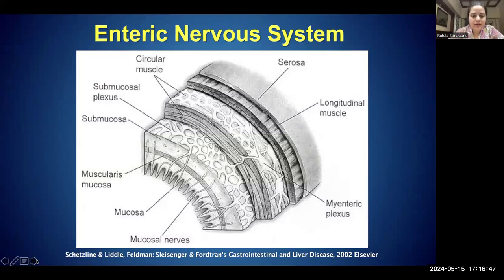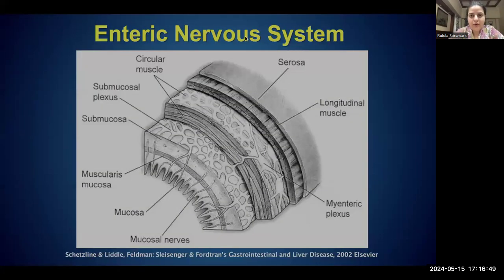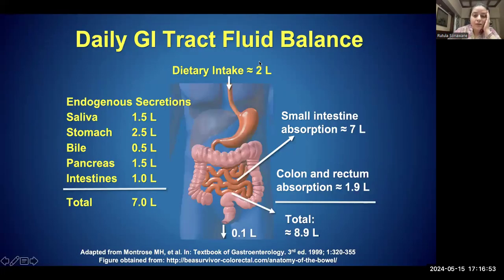So here what happens is, if you look at the complete intestinal tract, supposing we are taking around 2 liters of fluids orally, and then we have all the secretions and everything, which adds up to around 7 liters. Secretions, plus you have 2 liters of fluid intake.